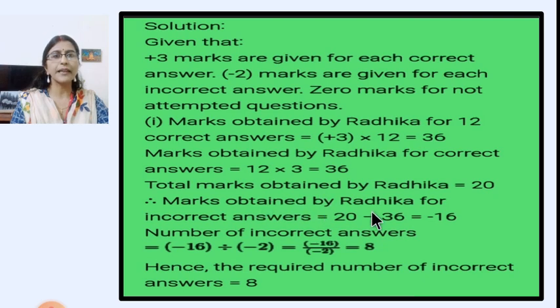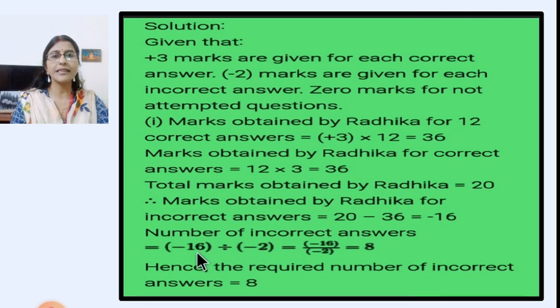So marks obtained by Radhika for incorrect answers. How many answers has she given wrong? You will get it by subtraction. So 20 minus 36, we'll subtract this. 36 minus 20 is 16, and then the minus sign will come because this is the mark she obtained for incorrect answers. For every incorrect answer, minus 2 marks are given.